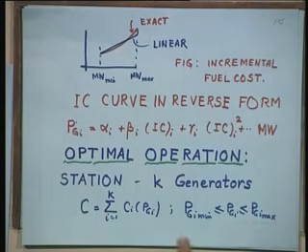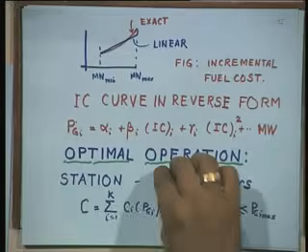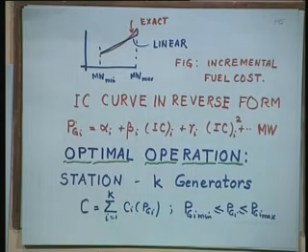Unit and generator are used interchangeably. Actually, unit means boiler plus turbine plus generator, all three together is called a generating unit. Fine. Let us assume there are k units in Badarpur.